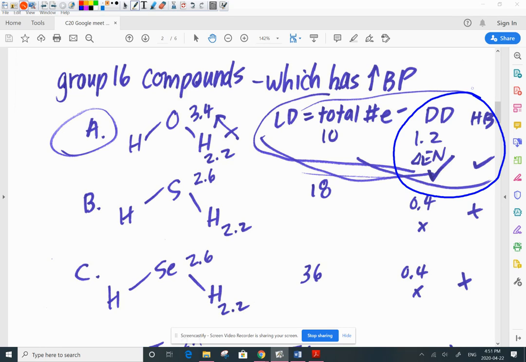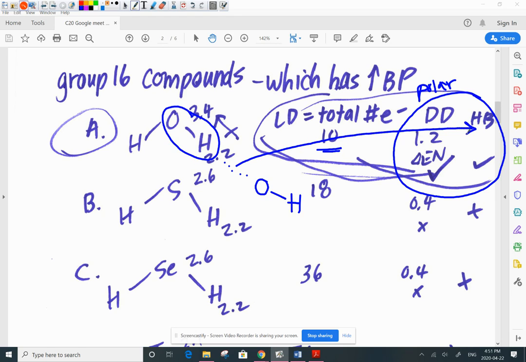So a water molecule, even though it had the lowest number of electrons and the lowest London forces, it has a dipole. Why? Because it's a polar molecule. We just talked about that. And it also has a hydrogen bond, right? There's this covalent bond between O and H that causes there to be an attraction between another water molecule.